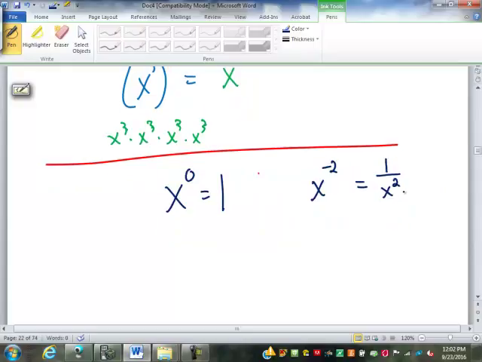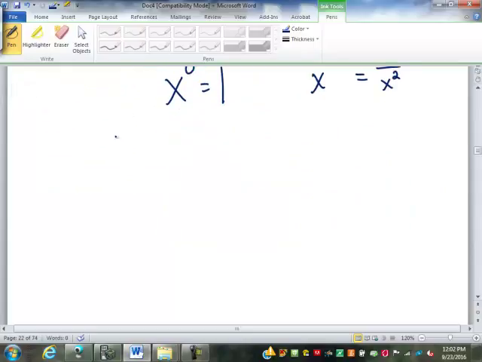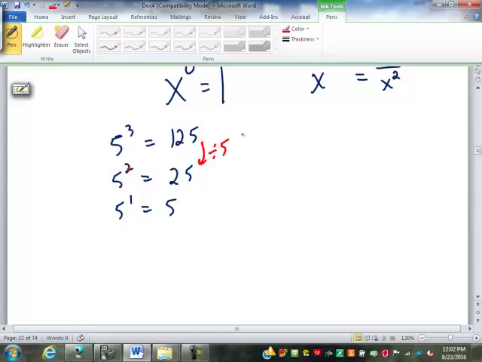If we look at things, let's say I have 5 to the power of 3. That's 125. 5 squared is 25. 5 to the 1 is 5. You see here that every time I reduce this power by 1, this result is divided by 5.